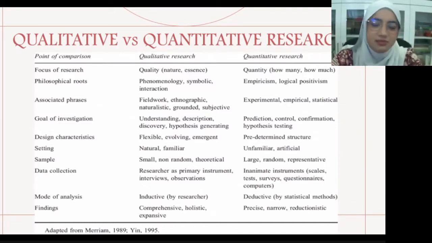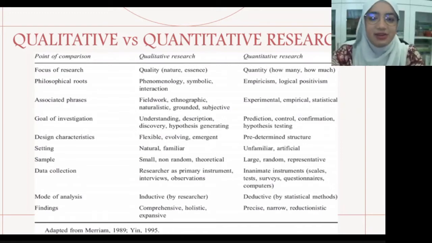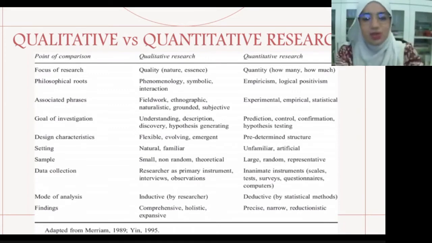For a quantitative person, I would like to give the analogy that they are much more of a scientist. They have to test theories, they have to test variables. That is what they do on a day-to-day basis. But for qualitative, I would like to call ourselves more the detective version of researchers. We are detectives. We collect evidence, we come up with a case, or an explanation of what happened.